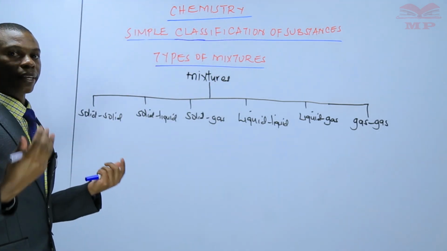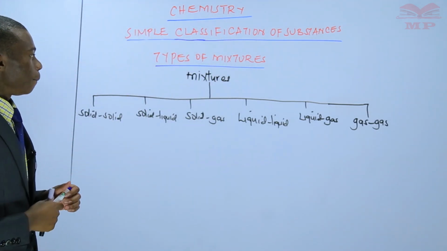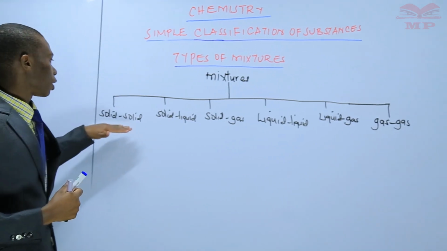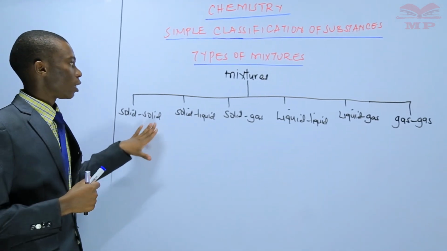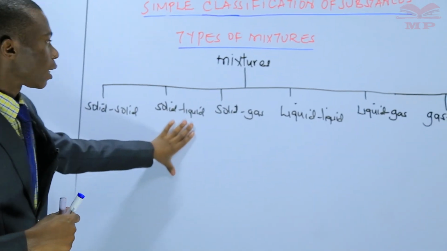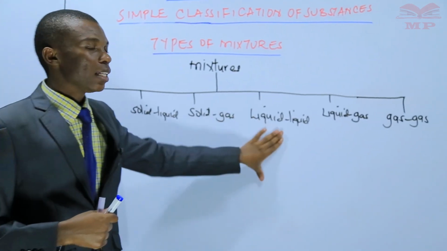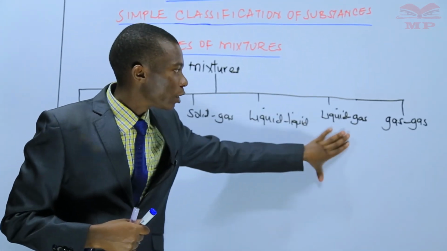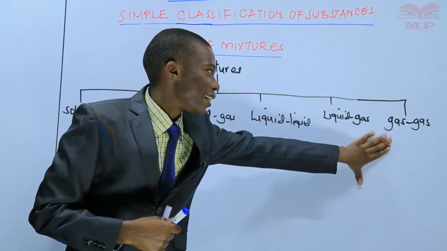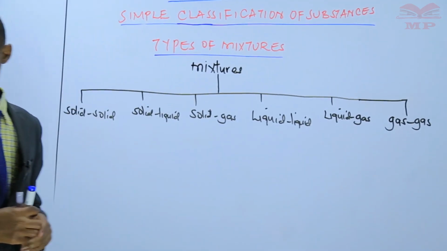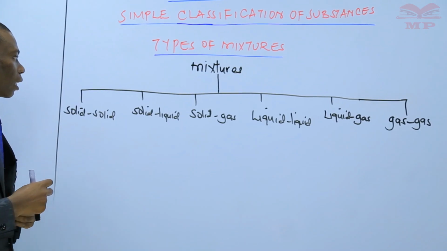Therefore, those are the 6 types of mixtures: solid-solid mixture, solid-liquid mixture, solid-gas mixture, liquid-liquid mixture, liquid-gas mixture, and a mixture of gas and a gas.